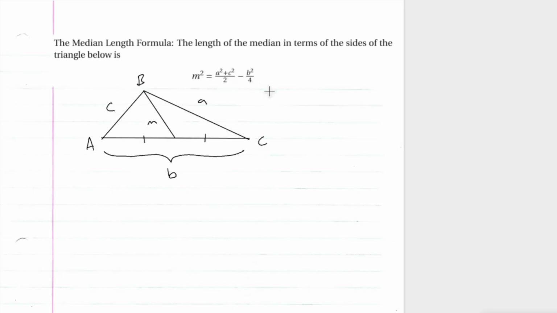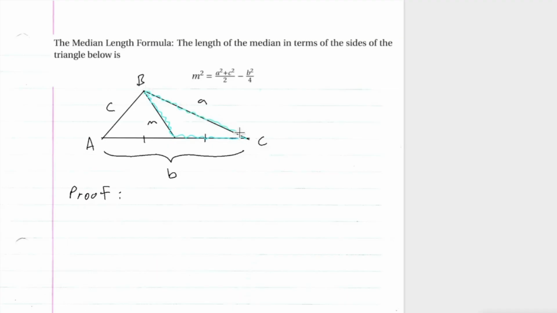All right, so what we can do here is use the law of cosines to get m squared. Let's look at this blue triangle.